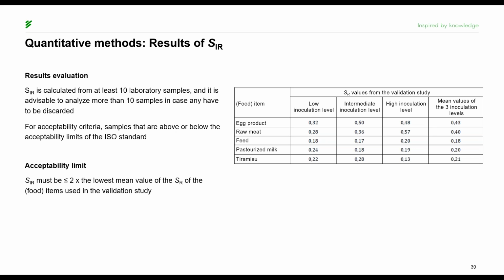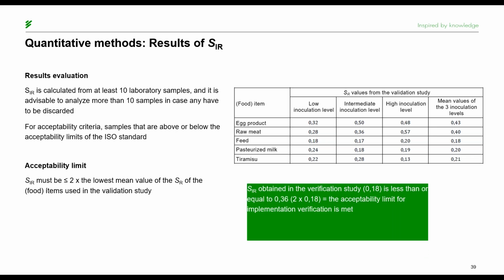Here we have an example of a table of SR values obtained from the validation study. We see that the lowest value of the low inoculation level is 0.18. And if our obtained SIR is equal to or less than 0.36, then we will have successfully performed the implementation verification of the method.